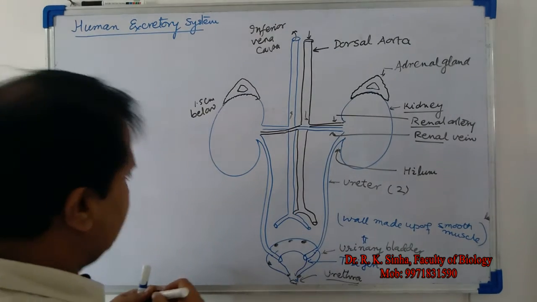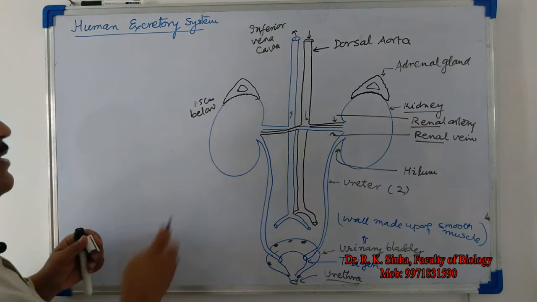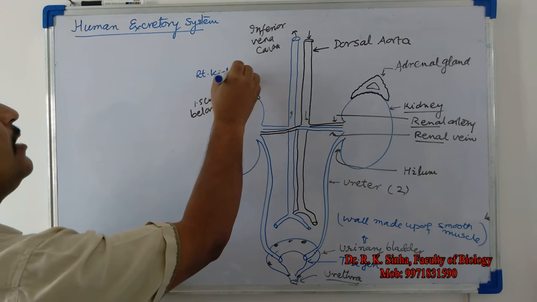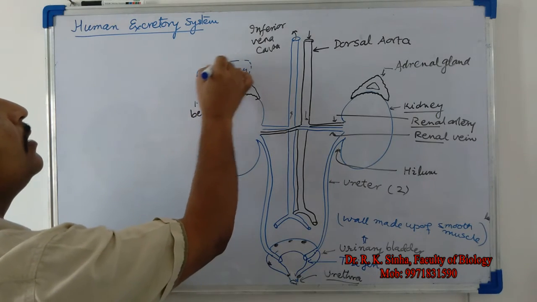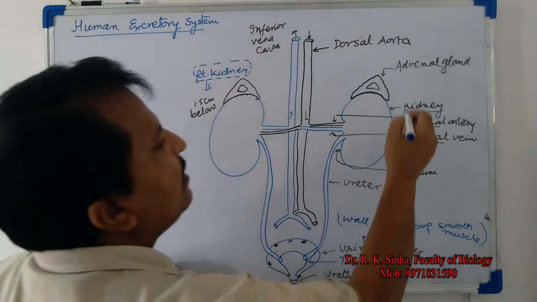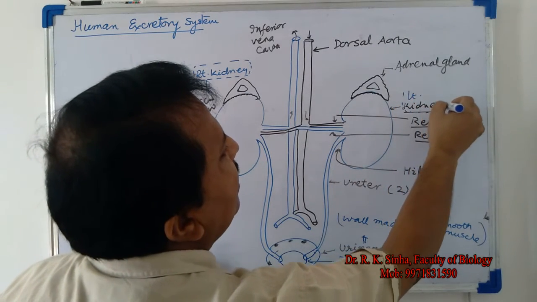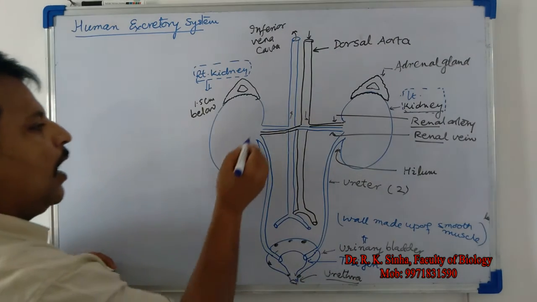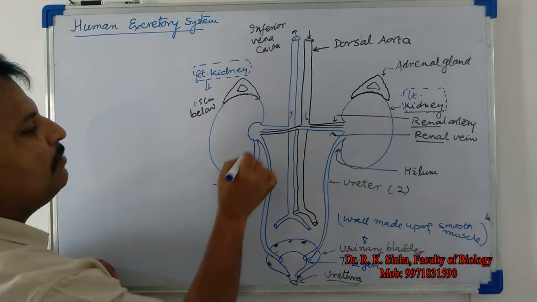Later we will discuss this in detail, but see, this is the right kidney, which is 1.5 centimeters below due to the presence of the liver over it. This is the left kidney, 1.5 centimeters up.